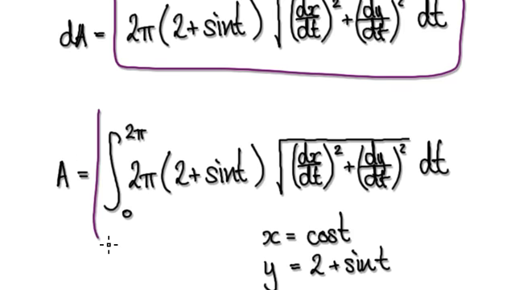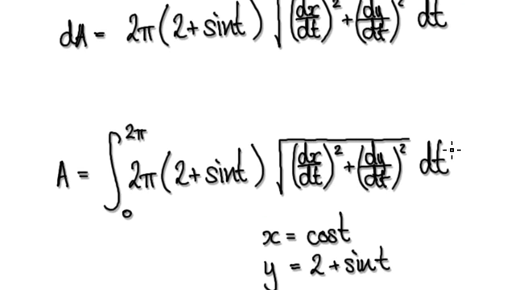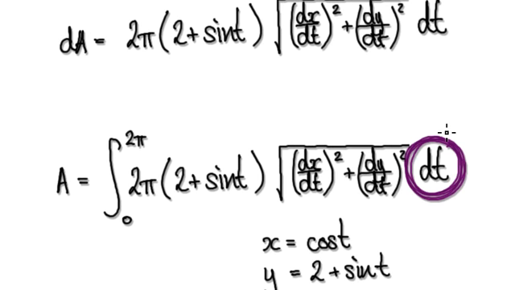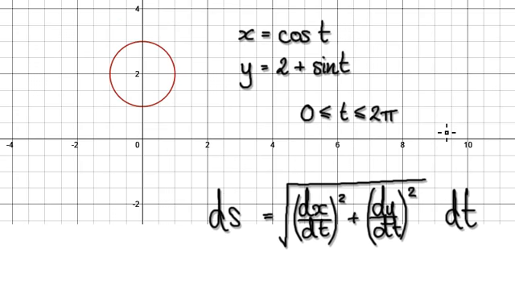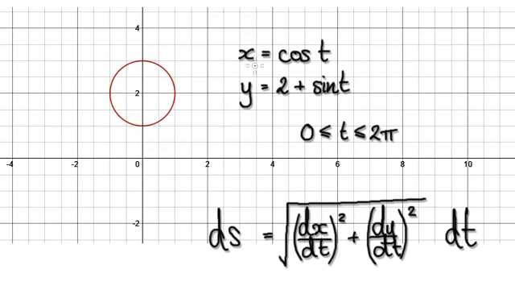So the surface area is given by this. Remember, you are integrating with respect to time, so you've got to decide on your limits. All the way around here would mean a time starting from 0 to a time of 2 pi.